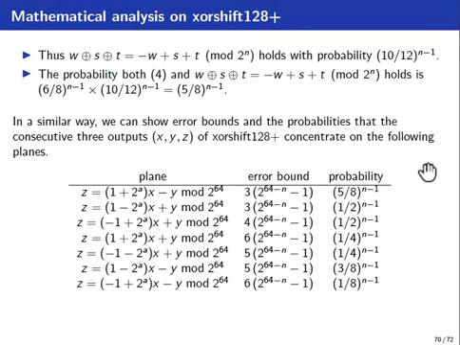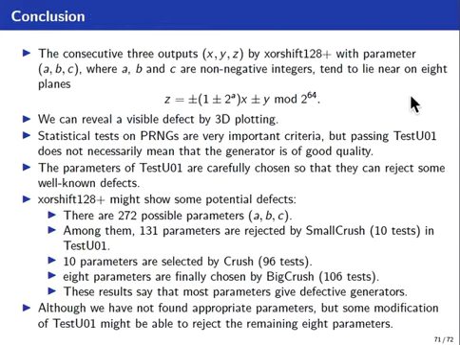We omit the details, but other planes can be analyzed similarly. The results are here. In this talk, we show that 3D plots by Xorshift128+ concentrate on planes and give a mathematical analysis.